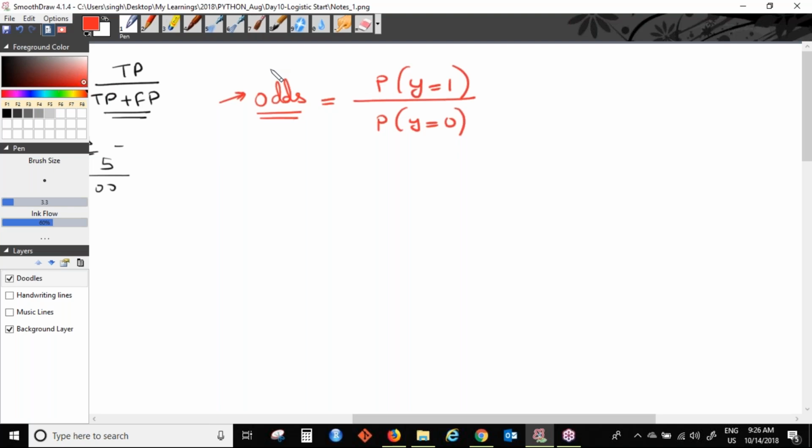We always talk in terms of probability, but native English speakers often talk in terms of odds. They don't use the word probability because probability is like a technical word. It comes from maths. So instead, they talk in terms of odds. If you watch a lot of English series or movies, you would have noticed this, or maybe next time you watch you will notice that they talk in terms of odds.